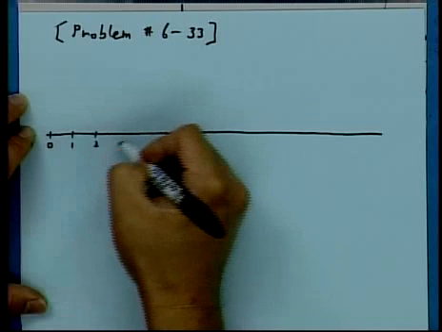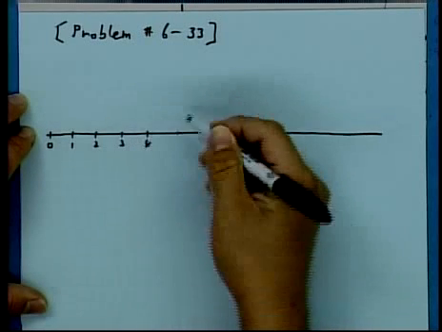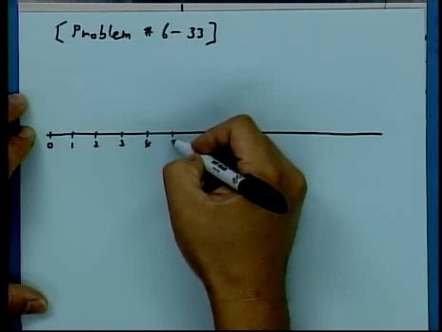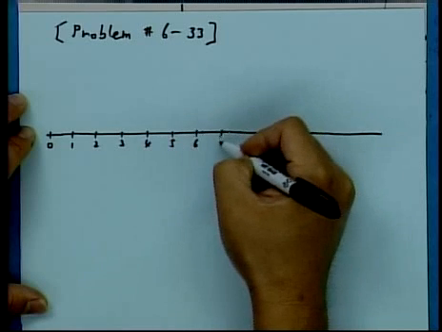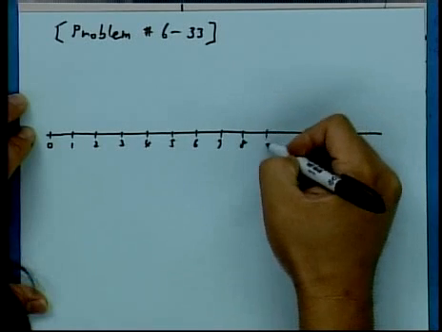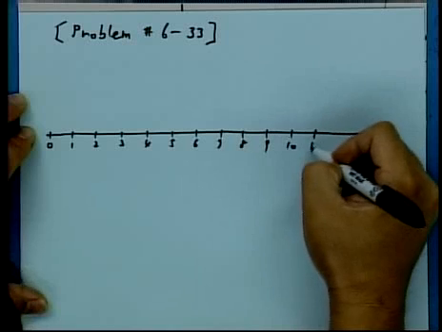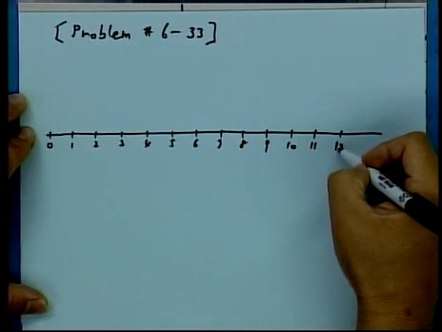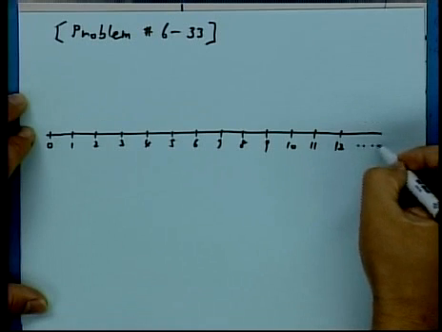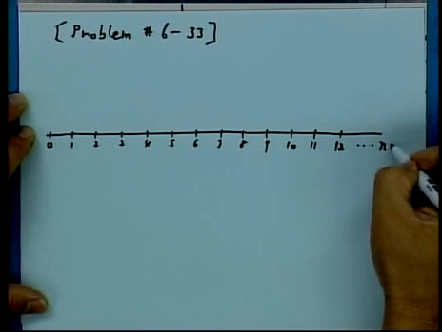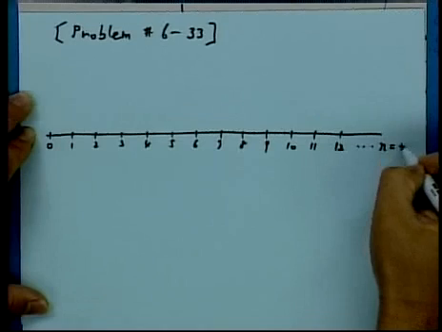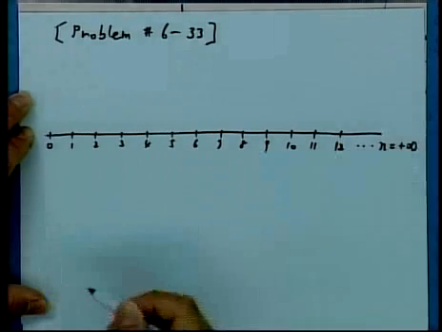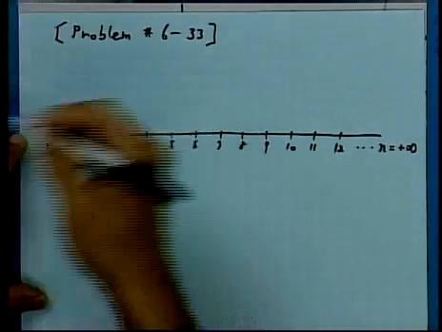Zero, 1, 2, 3, 4, 5, 6, 7, 8, 9, 10, 11, 12, and so on. So n goes to plus infinity.